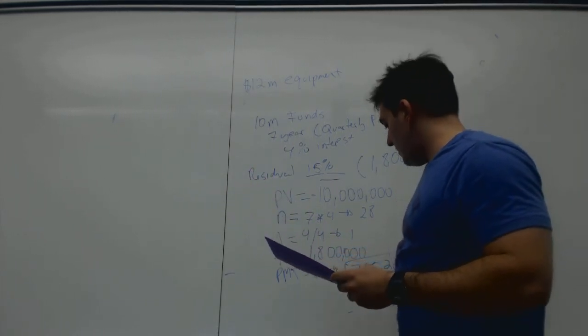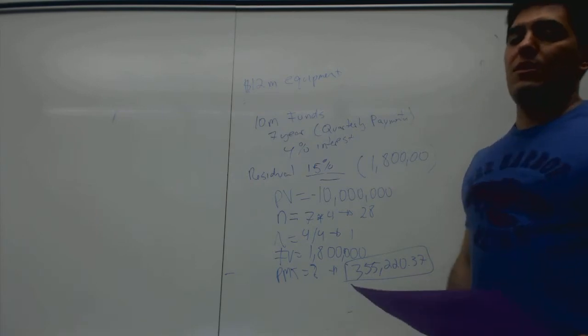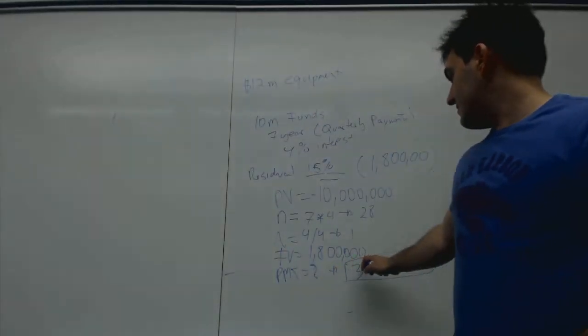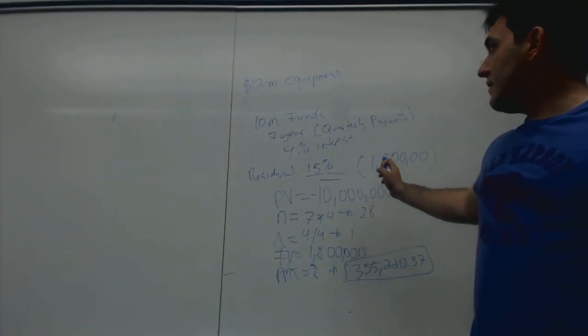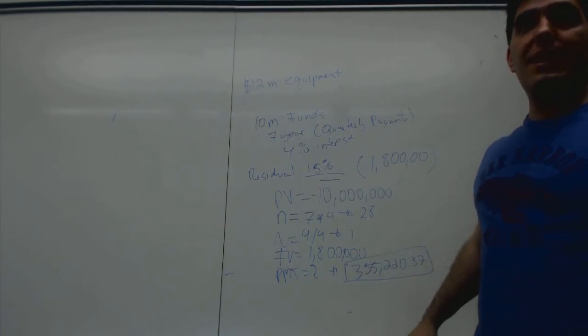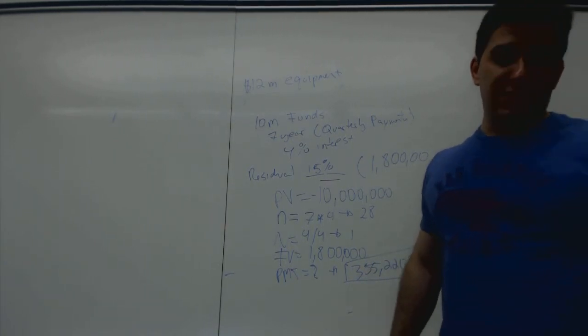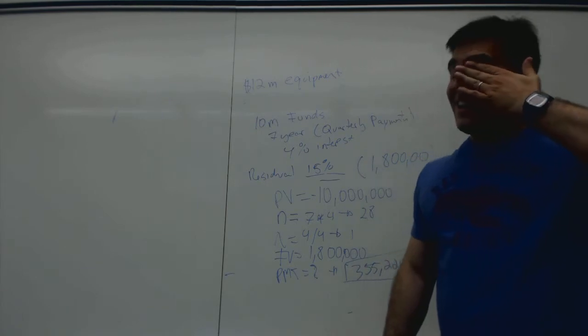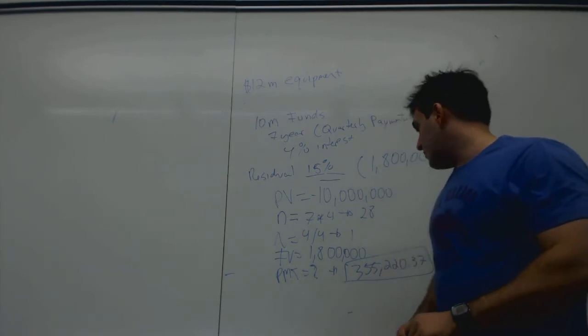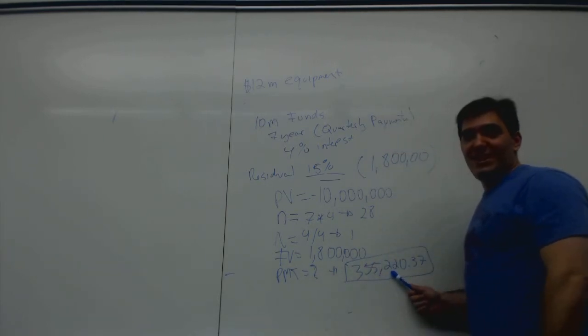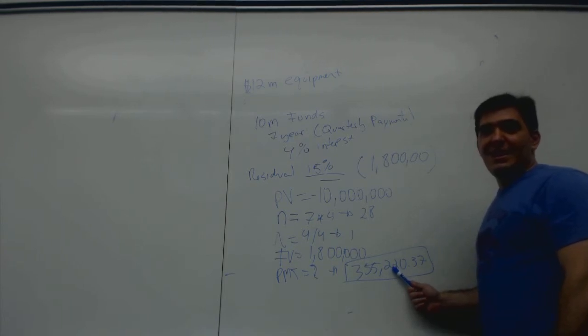Okay, so now we know the residual and we know the payment, right? So what is the loss? How can the bank lose on this? Well, the first one is if the company cannot pay the lease amount.